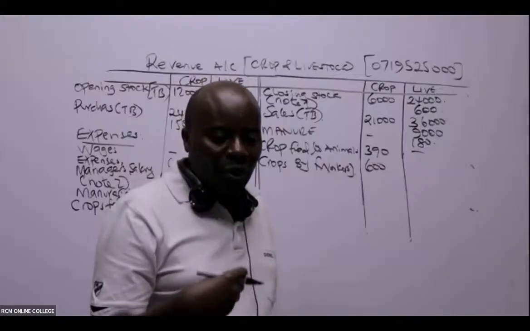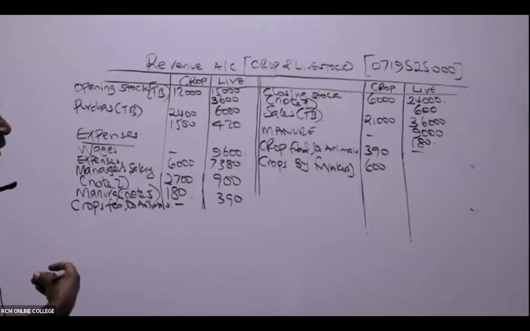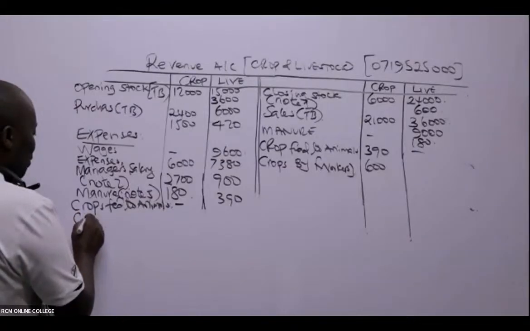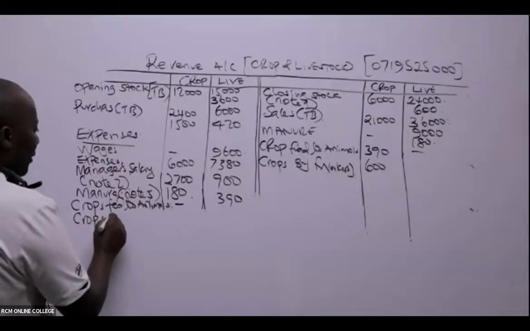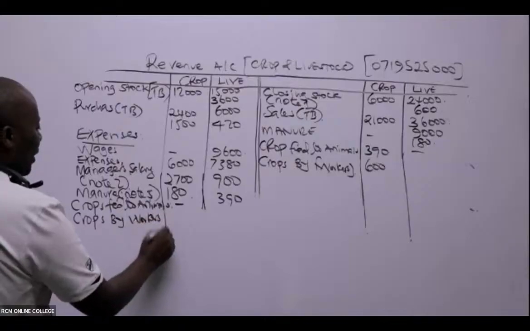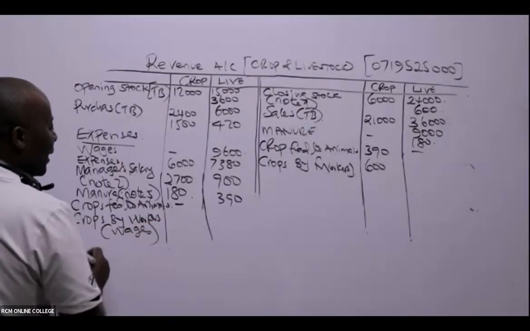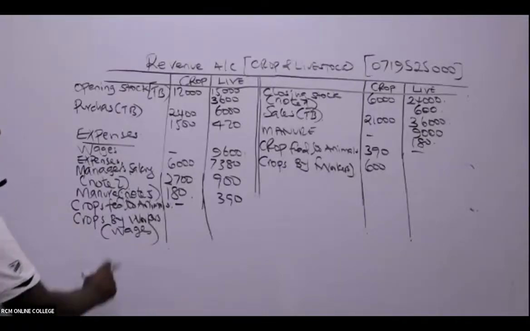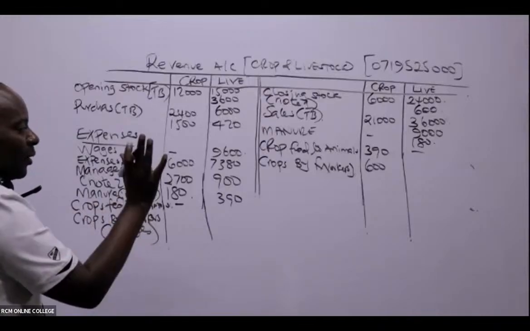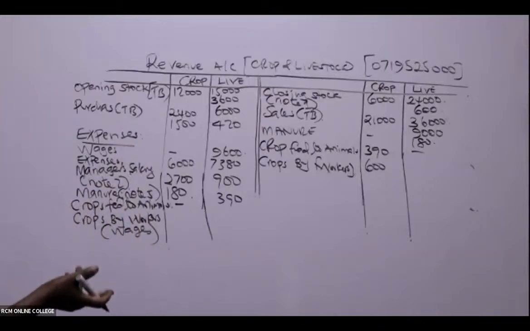So we have here crops consumed by workers. So this will be wages, basically. It's an expense. And remember, I can't take this to the livestock. This is purely crops and wafanyikazi. Don't tell me wafanyikazi are animals. Even if they're animals, they're not livestock.